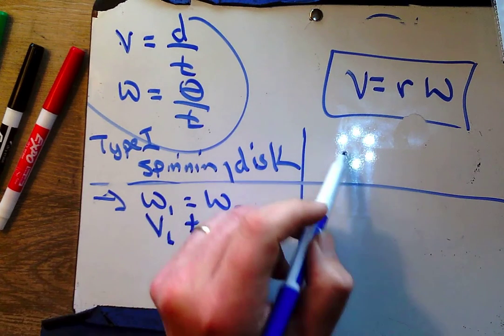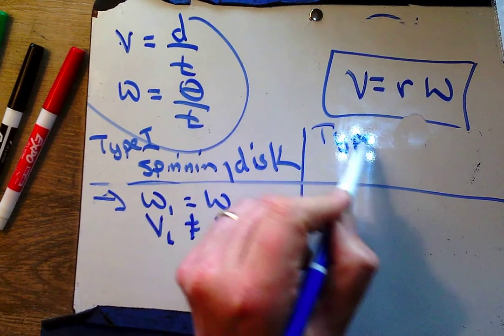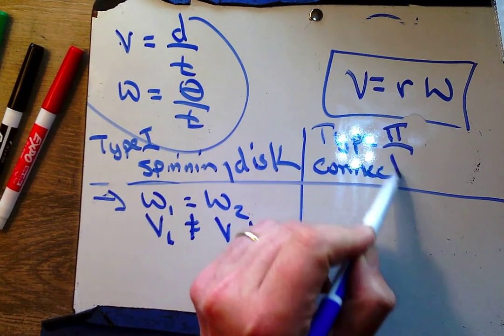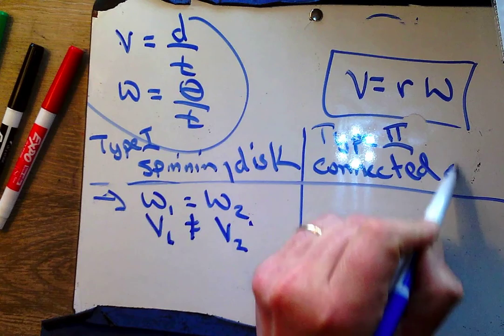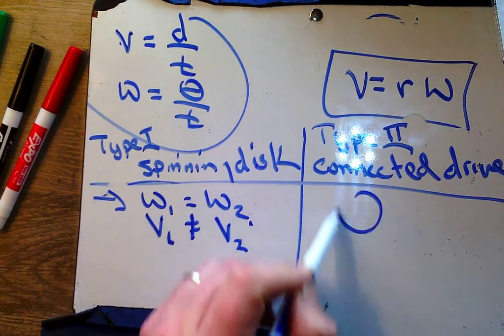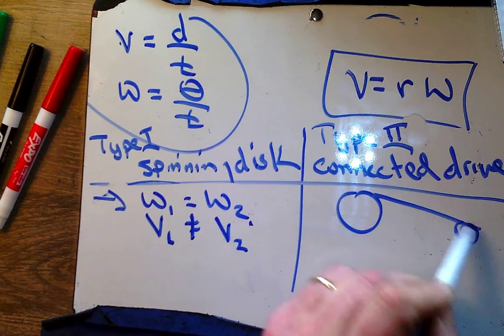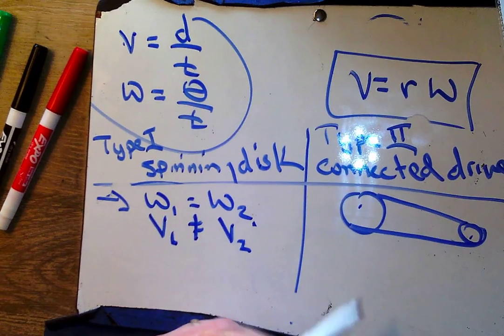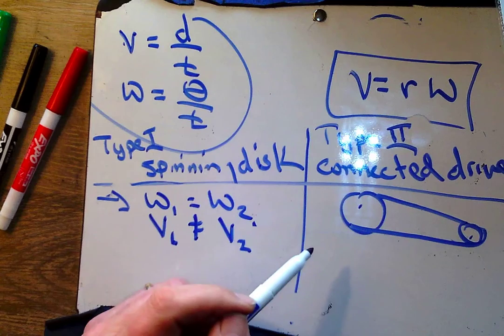Okay, type 2. A type 2 problem is often thought of as a connected drive. You know, you've seen this before on your bike. You've got that little pulley system, that little connected chain drive system.